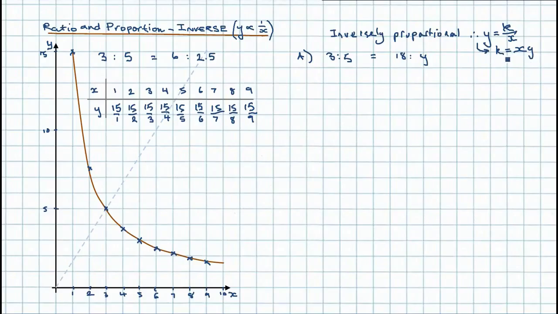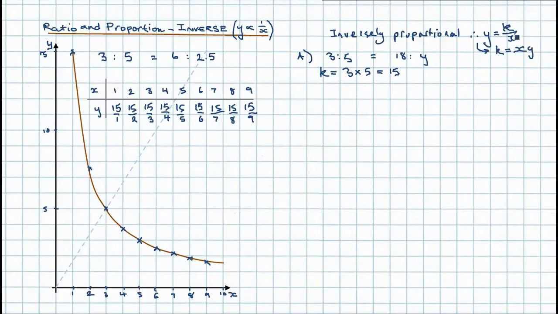It's easier than direct proportion in that all we need to do is multiply the x and y. So k equals 3 times 5 equals 15.